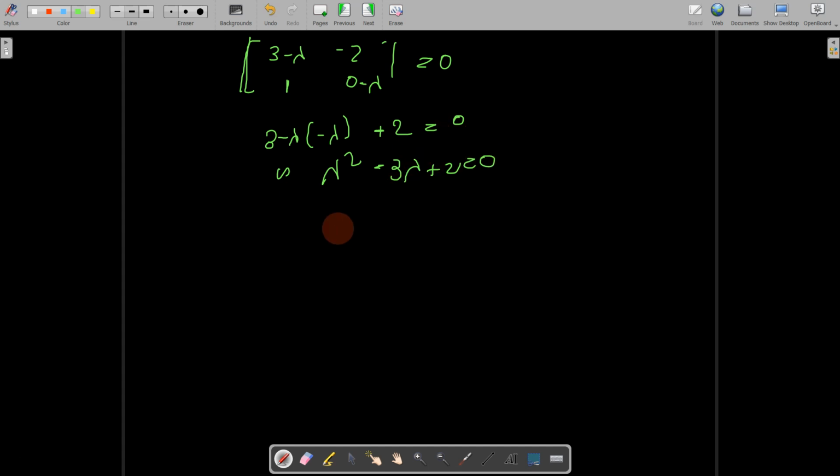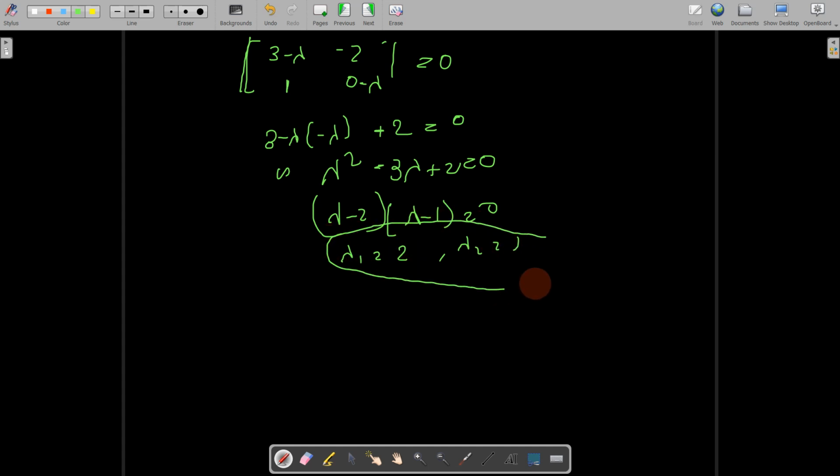So from here, the characteristic equation factors as (lambda minus 2)(lambda minus 1) equals 0, so lambda 1 is 2 and lambda 2 is 1. These were the eigenvalues.